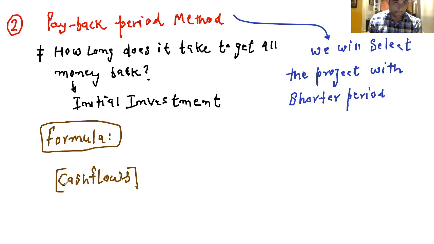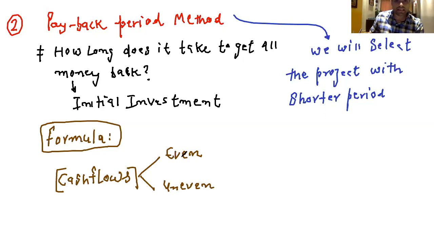Some kinds of business give us even cash flows, and some businesses give us uneven cash flows. So cash flows could be even or it could be uneven.